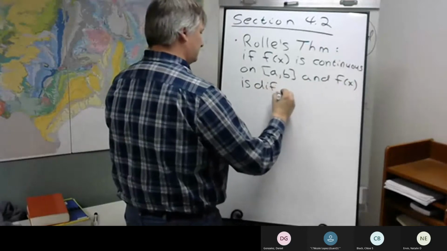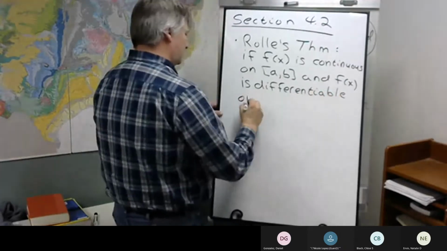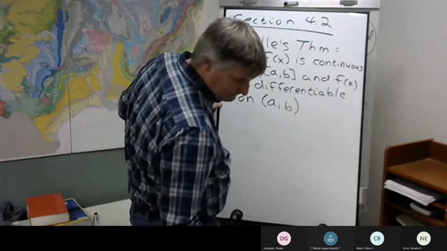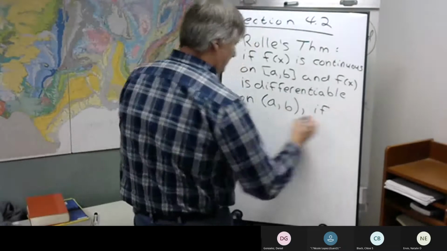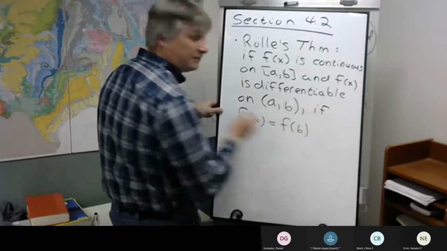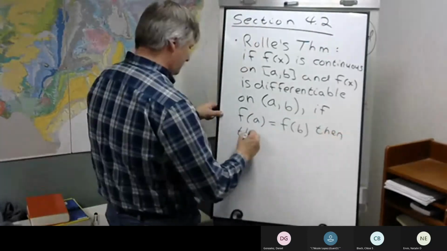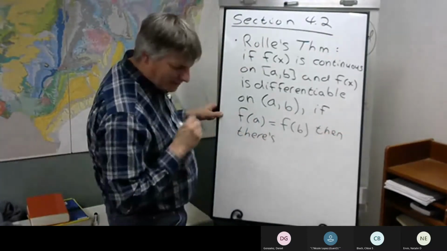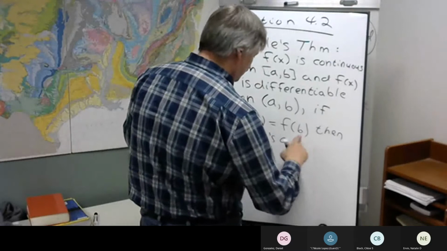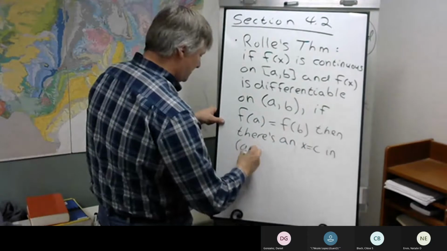And f of x is differentiable on the open interval (a, b), then if f of a equals f of b, then there's, let's see, a point x equals c in this open interval.